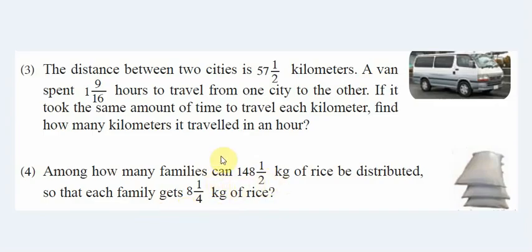So altogether we have this much rice. Then we need to see this is for one family, it is going this much. So we need to see how many 8¼ are there in 148½, because this is for one family. Then you divide, it will give you how many families there will be, right?